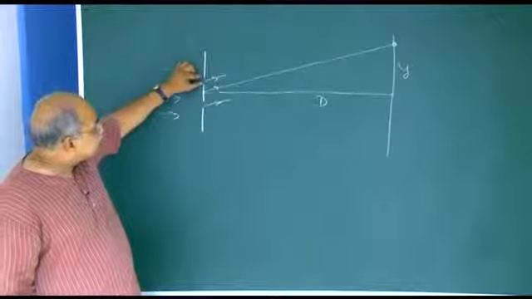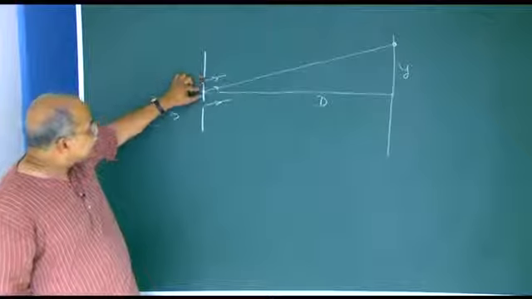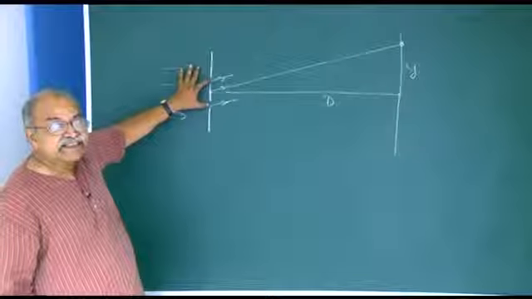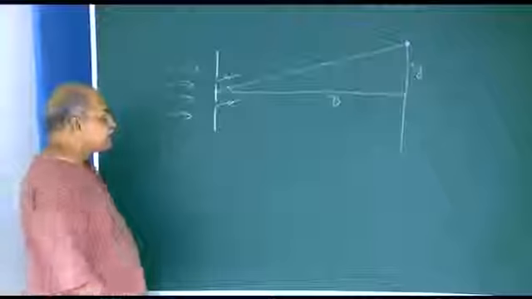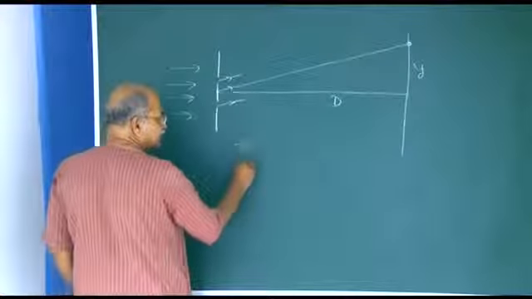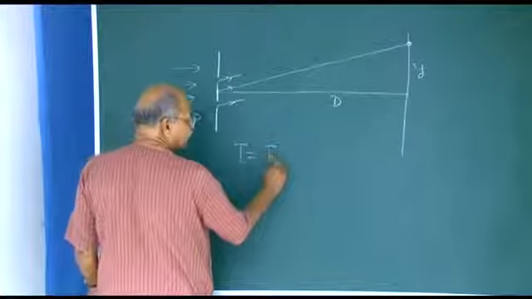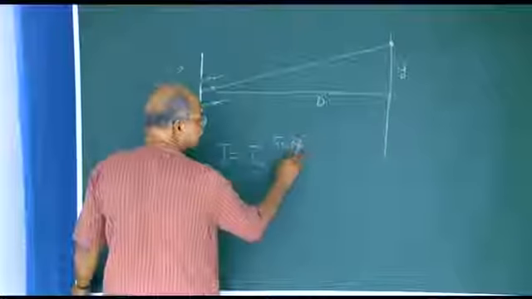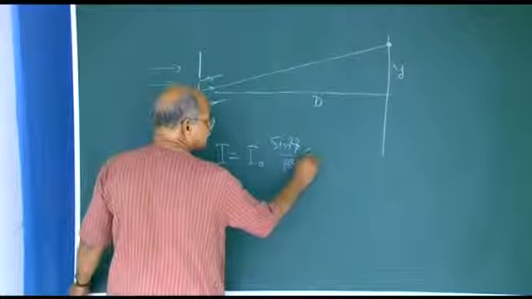One is the width of the slit, this one and this one, and then the separation of the slits, and it is given by I = I₀ (sin²β/β²) cos²γ.